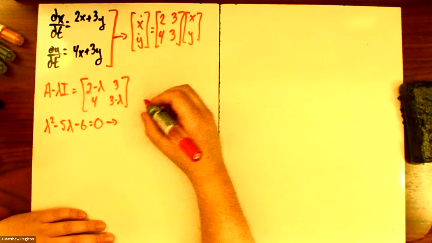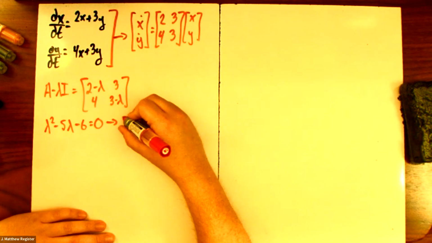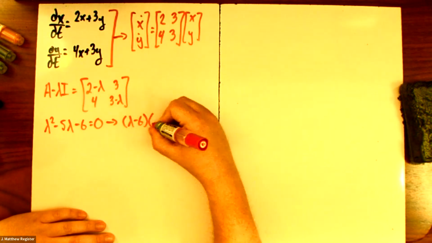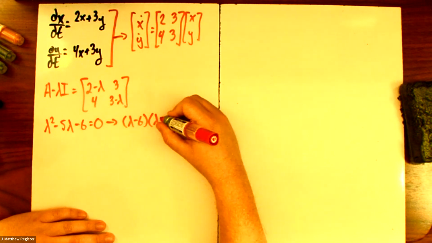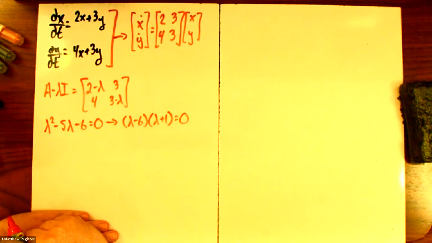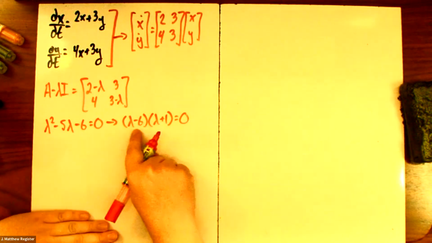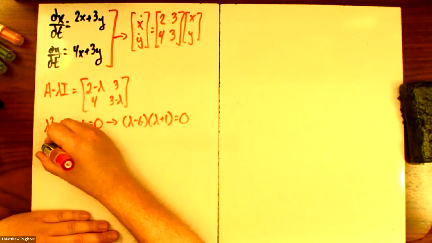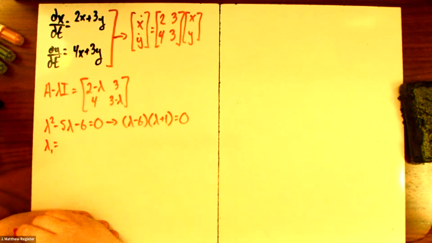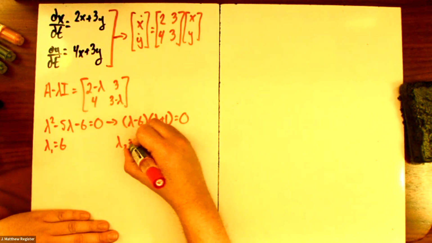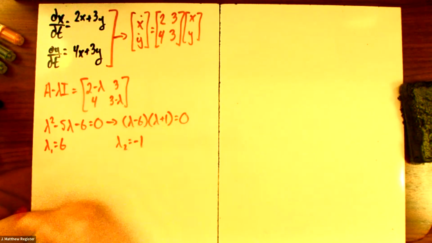That factors very nicely. And so when we factor this, we are going to get a lambda minus 6 and a lambda plus 1. We can now set each of these equal to 0. And so we're going to get lambda 1 is equal to 6, and lambda 2 is equal to -1.